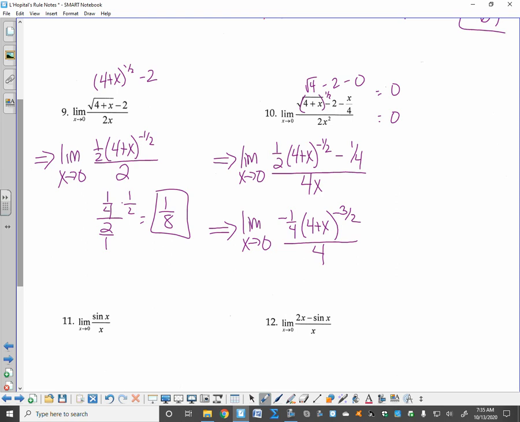Plug a 0 in. Okay, so that's 4. I want to square root it. That's 2. I want to cube it. Now that's an 8. And I'm going to move it to the bottom. So that becomes a 1/8. Times negative 1/4 would be negative 1 over 32, over 4. Negative 1 over 128.